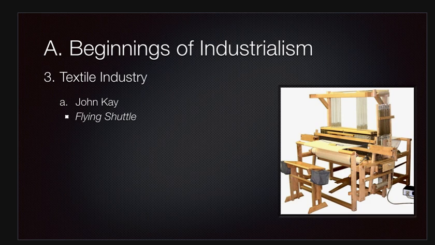They're spinning the threads into cloth, and this was the main machine. I mean, look how complicated that looks. But that was the main machine that they used to weave this into a blanket, into a cloth, into some sort of textile. So the flying shuttle made it possible to speed up this process and make it much more efficient, much more quickly produced.